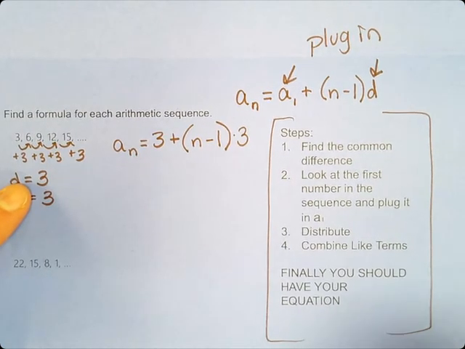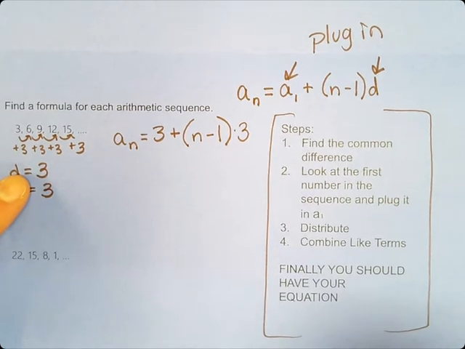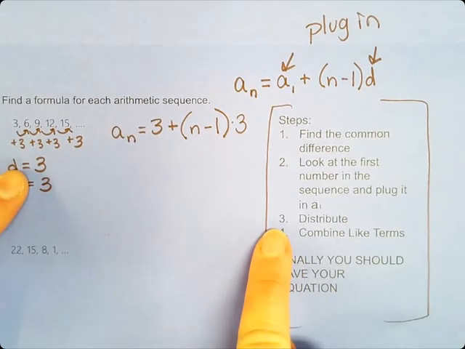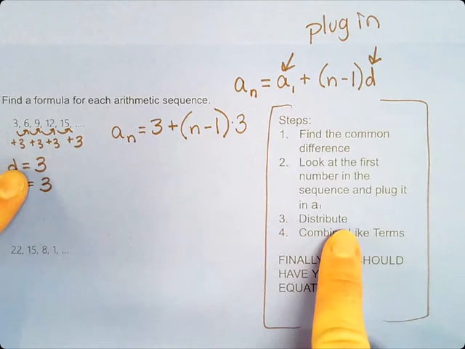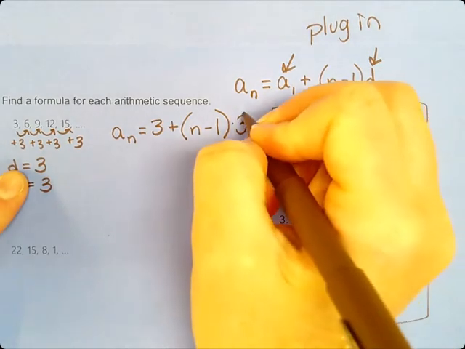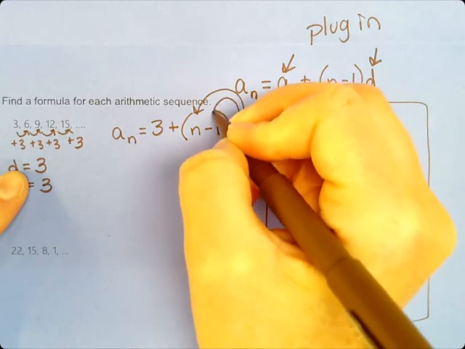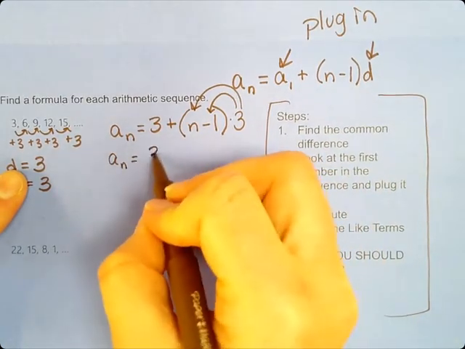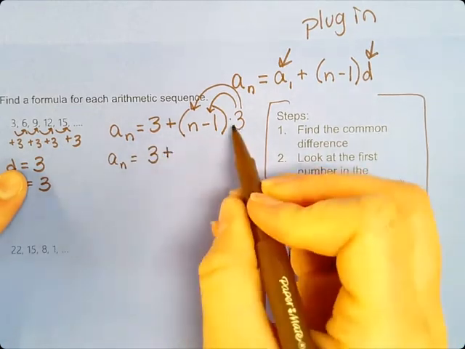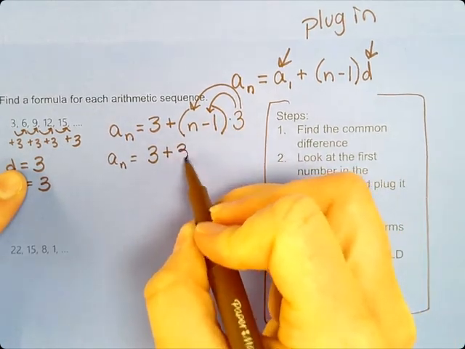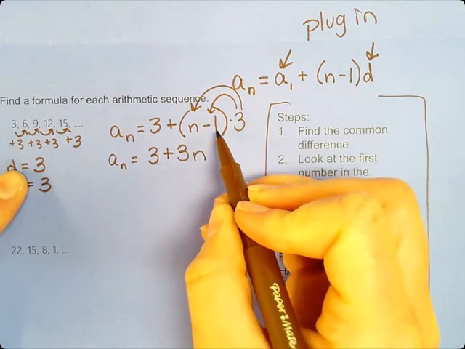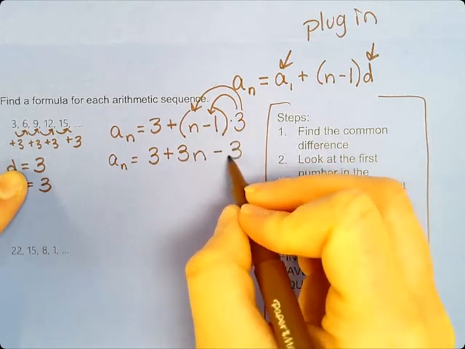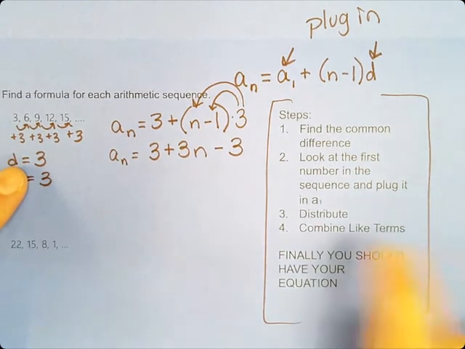If it's a negative, you definitely want to put it in parentheses because that can get confusing. So then it says distribute. What are you going to distribute? We distributed that 3 from the other side. Yeah, the 3 at the end. So we have AN equals 3 plus 3 times N, 3N, 3 times a negative 1, -3. Okay. So we distributed.